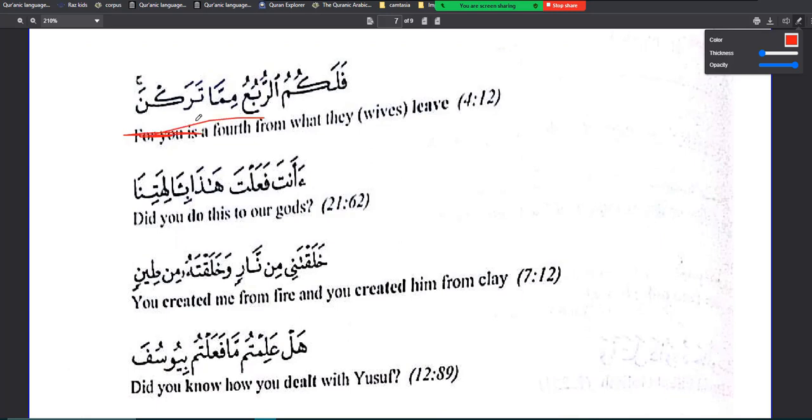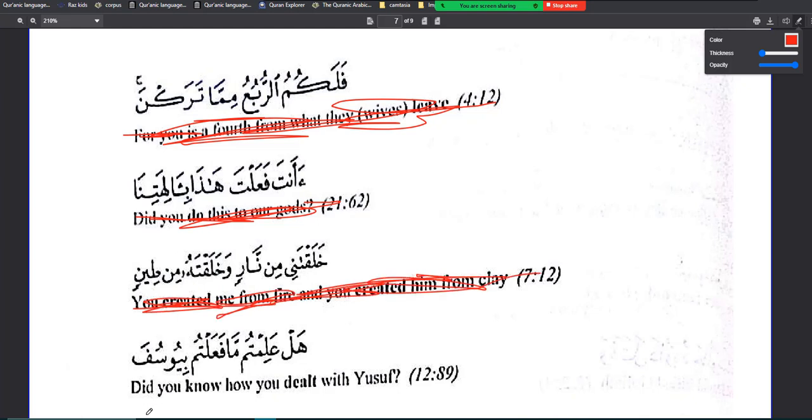And then we have فَلَكُمُ الرُّبُوعُ مِمَّا تَرَكْنَا. Very good. And also say the translation as well. Taraka is to leave. Very good. Anta fa'alta hadha bi alihatina. Okay. Fa'alta. Okay, translation please.